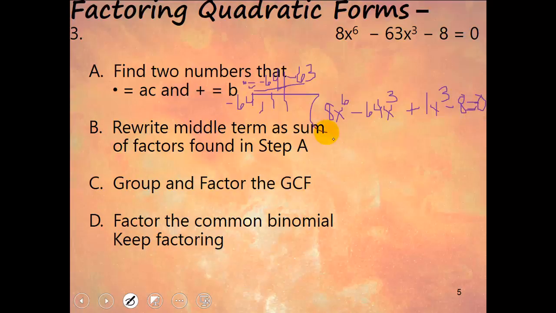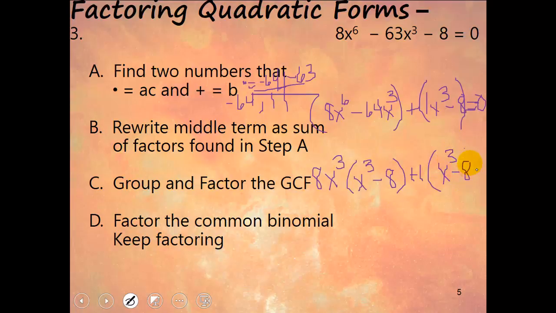Now I'm going to group, and now I'm going to pull out an 8x cubed, and that's going to give me x cubed minus 8, and I'm going to pull out a 1 here, plus 1, x cubed minus 8, all right?